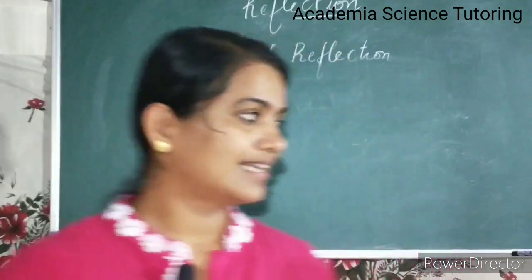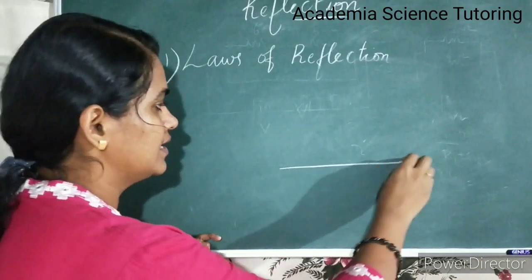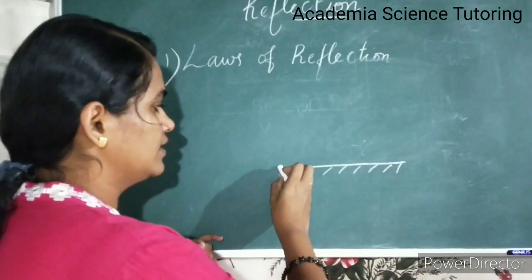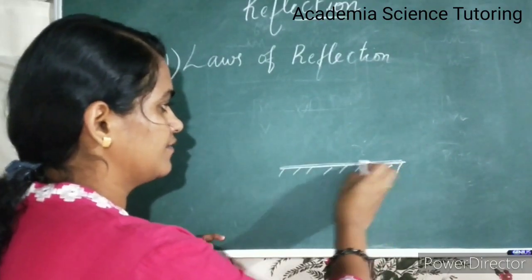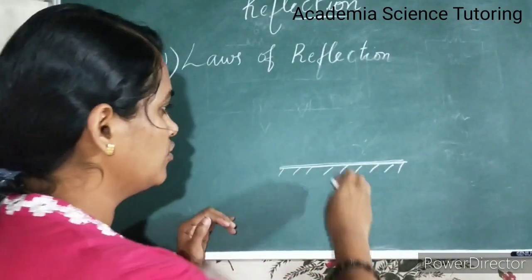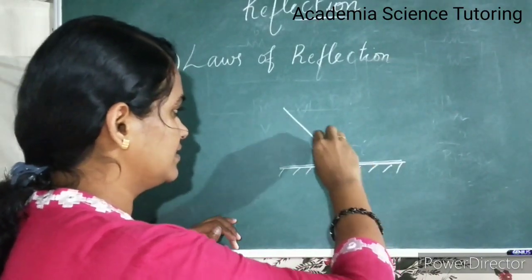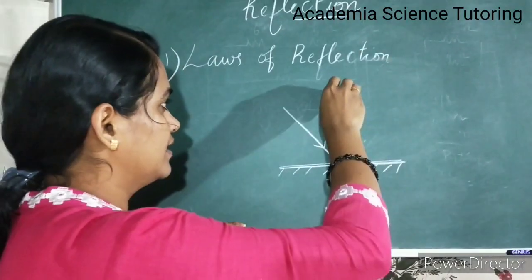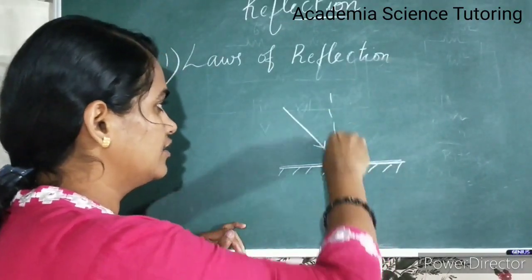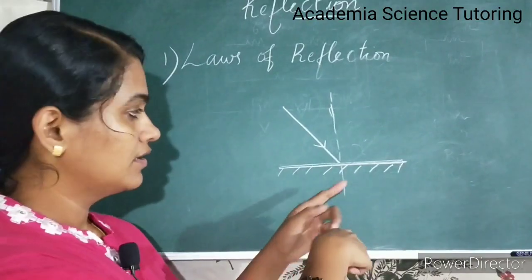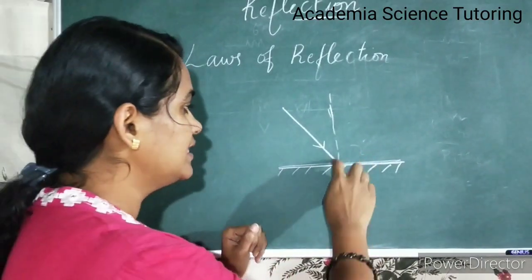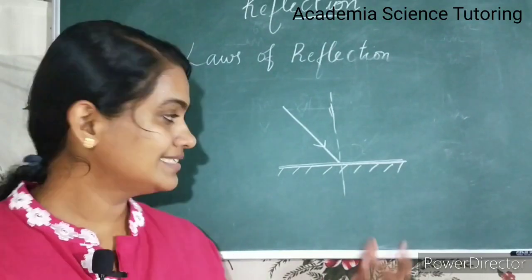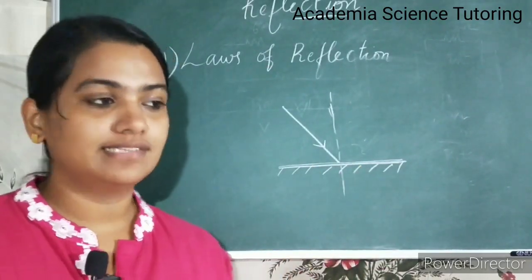Let's see that. Suppose this is a mirror. This is the polished surface of the mirror. Suppose a light ray is incident on this polished surface and this is the normal to the point of incidence. This ray gets reflected back as this mirror has a highly polished surface.